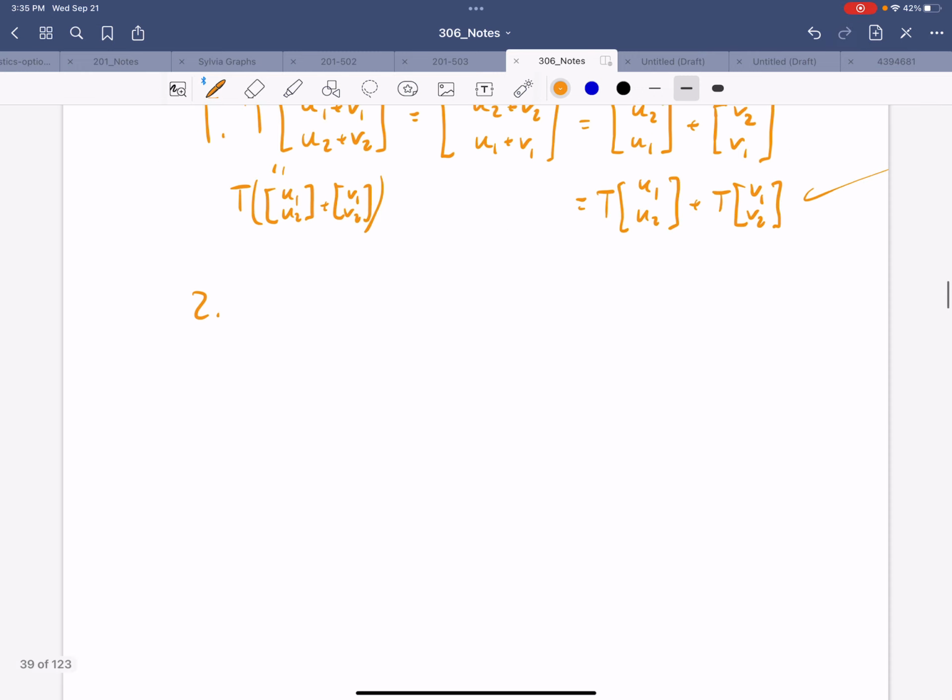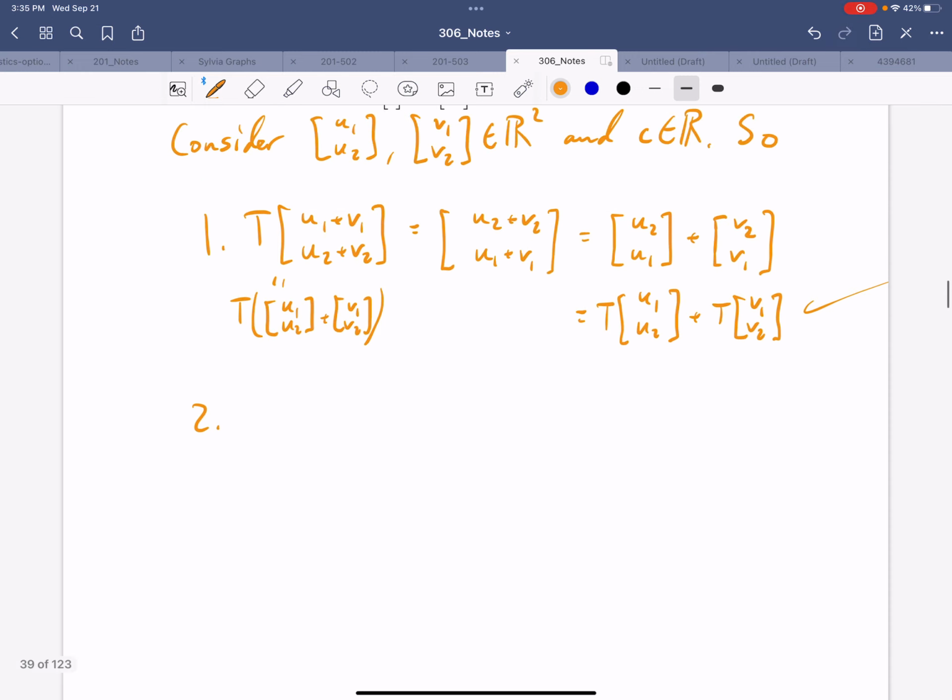Now for the second property, T of c times the vector (u1, u2), or in other words, you can just start with this if you prefer, (cu1, cu2), is going to equal (cu2, cu1). So what I did there, just flipped the coordinates right there.